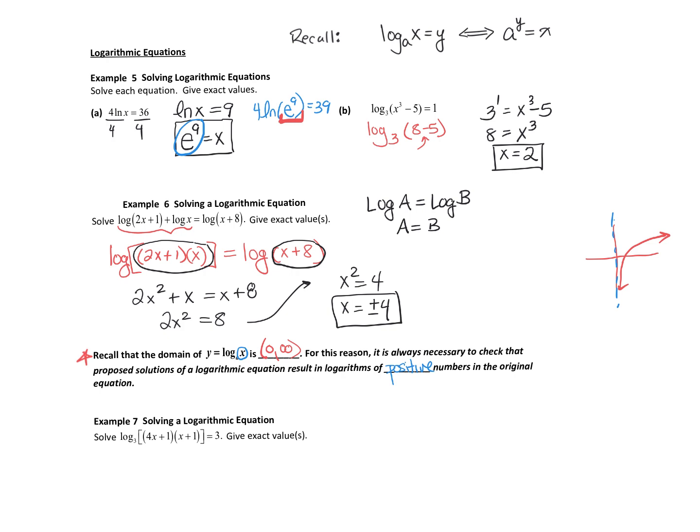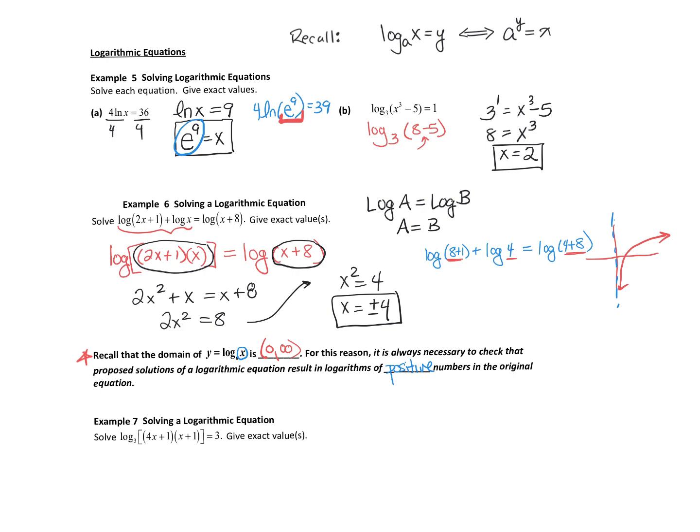For our last example here, though, if I tried to plug in 4, log of 8 plus 1 plus the log of 4 equals the log of 4 plus 8. All of these will be positive and we'll be fine.